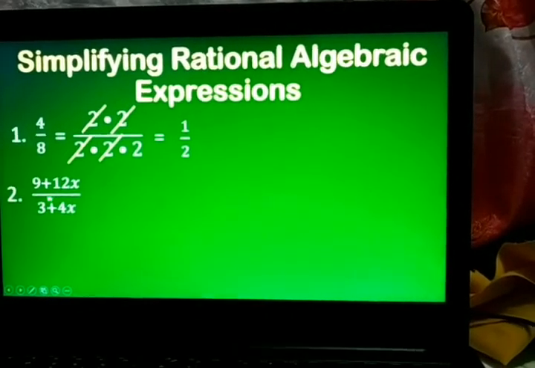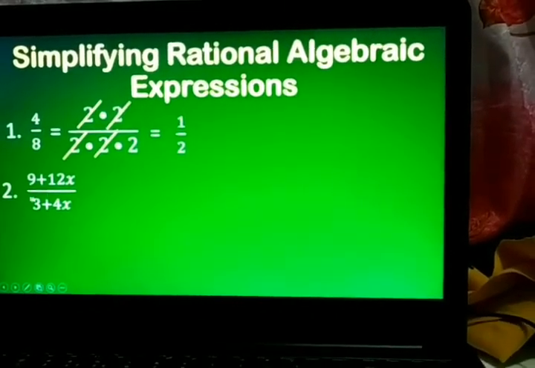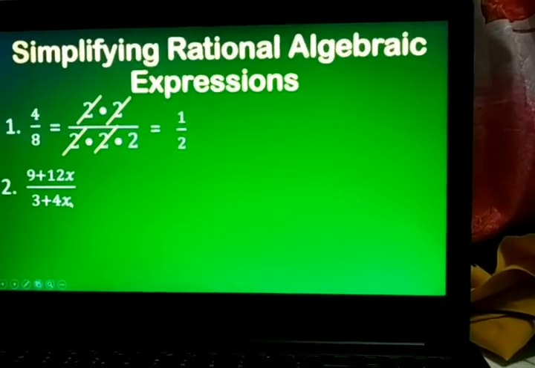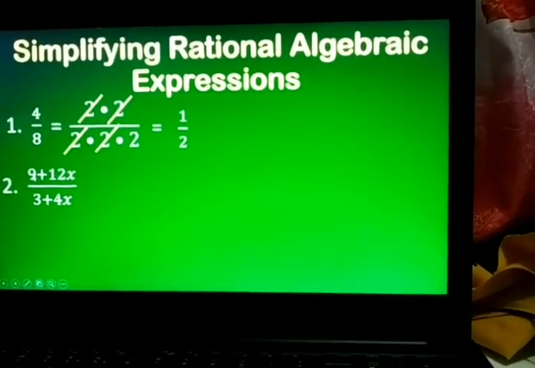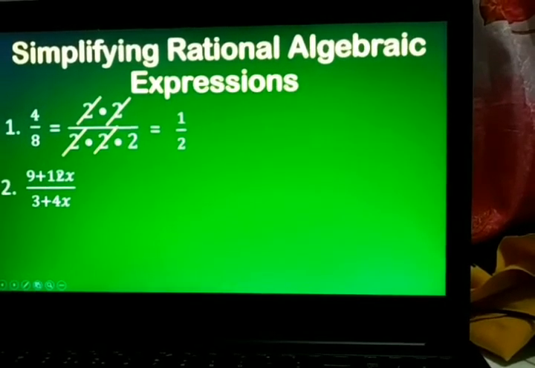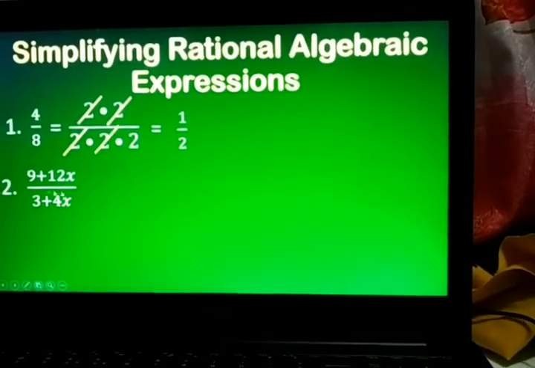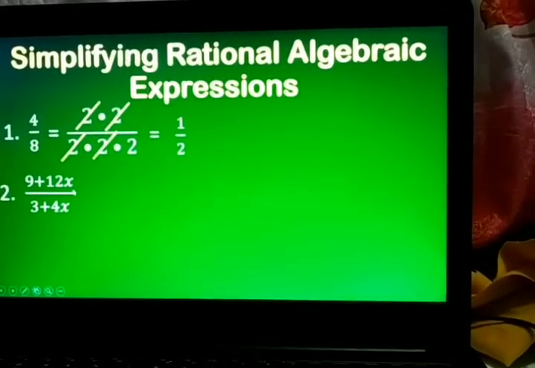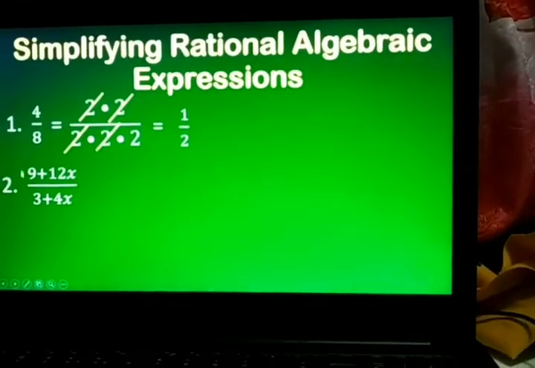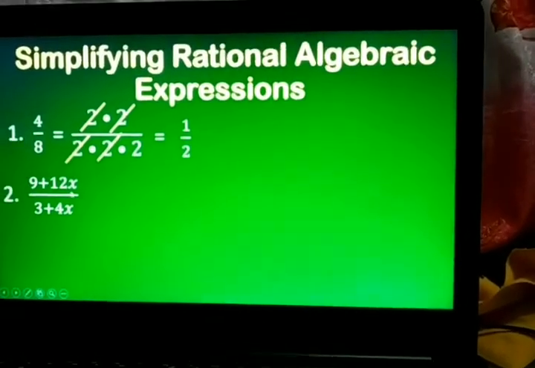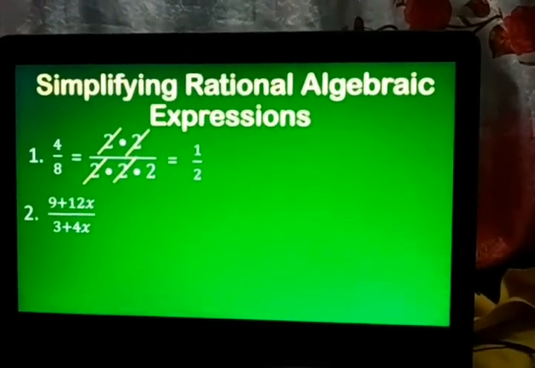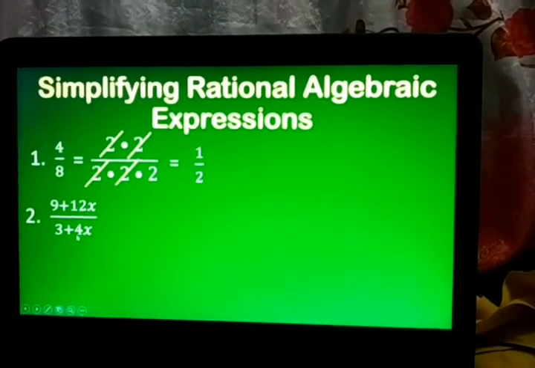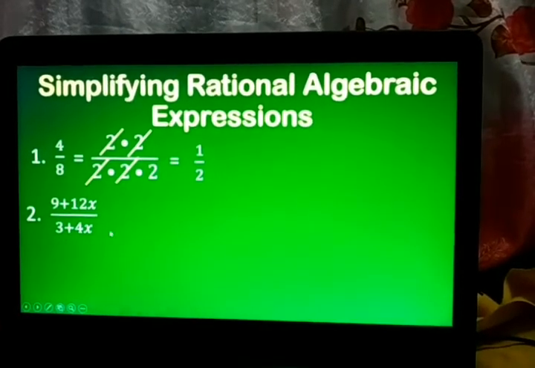Next, number 2, we have 9 plus 12x divided by 3 plus 4x. We cannot directly factor or cancel 9 and 3, 12 and 4. Let's make use of your factoring technique. 9 plus 12x in the numerator can be factored by using the greatest common monomial factor. And 3 plus 4x is already in its simplified form.